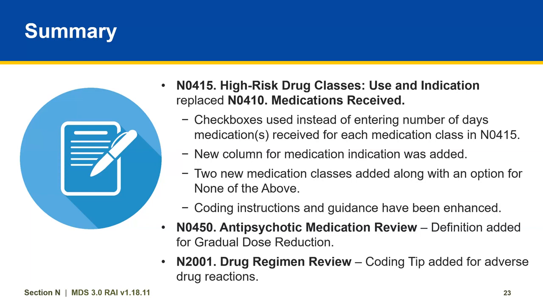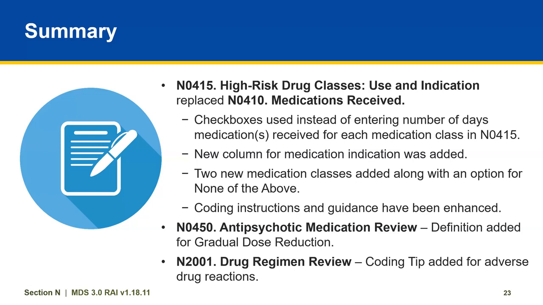N0415, high-risk drug classes, use and indication, which replaces N0410, medications received. Check boxes are now used instead of entering number of days medications received for each medication class in N0415. A new column was added for medication indication, and 2 new medication classes were added in addition to an option for none of the above.